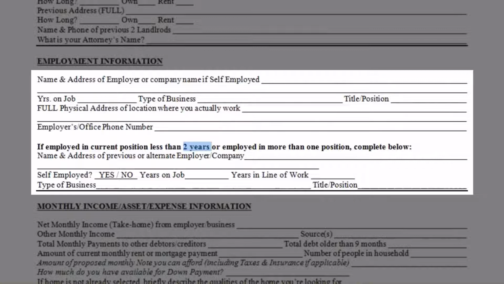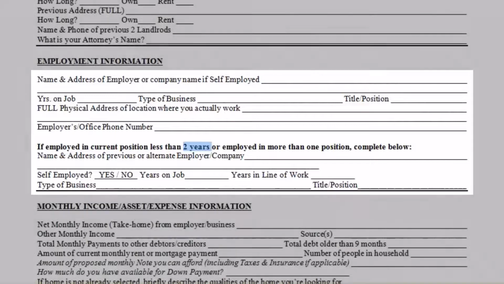You can't necessarily control if they recently changed jobs, but what you want to do is find out, do they have a pattern or a trend of not staying at jobs very long, because that's going to affect how well they are going to be able to make payments to you that they agree to make. More stability is better, obviously.